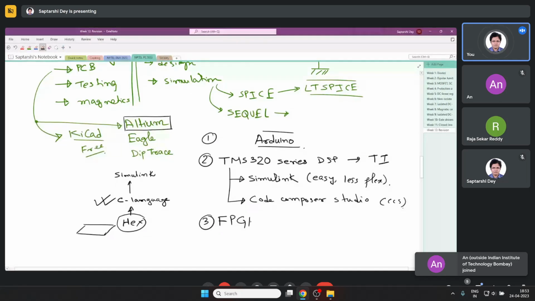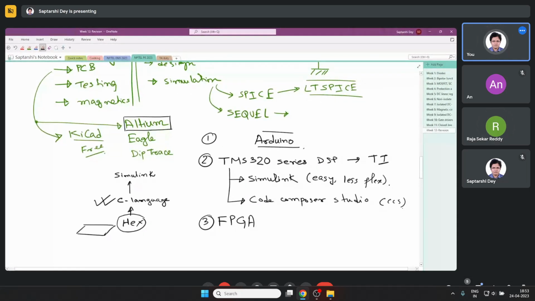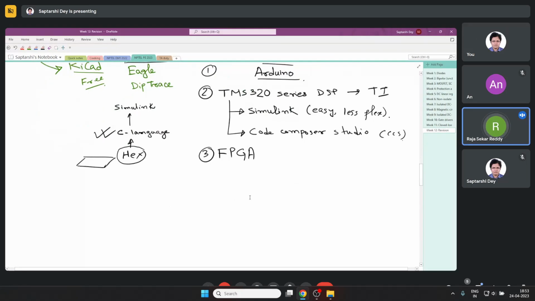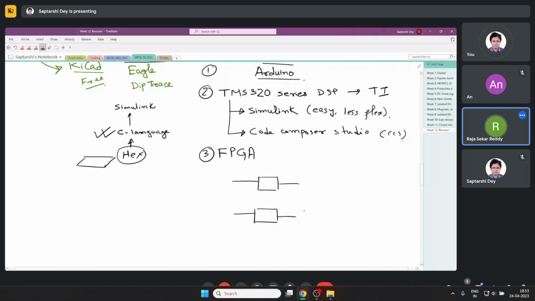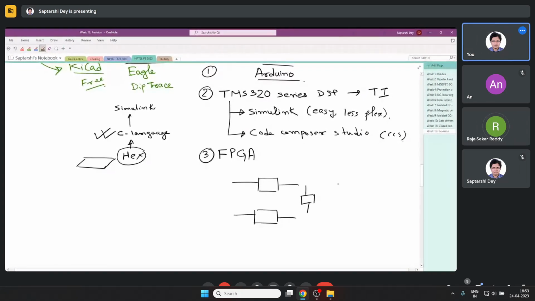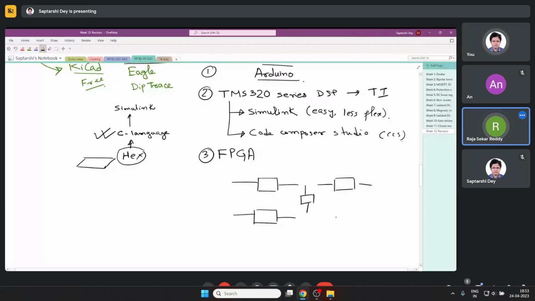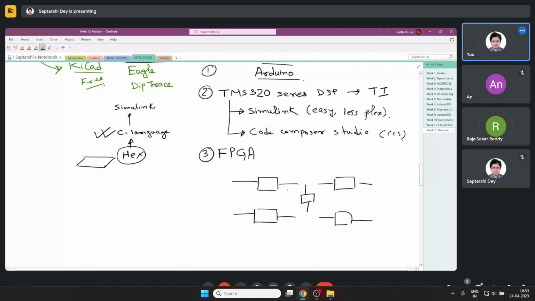This is FPGA, field programmable gate array. I have not used it ever, but you know about gate arrays. Gate arrays are something like this. Say you have several gates in this fashion, and an array. So in this way they are put, and there are switches.